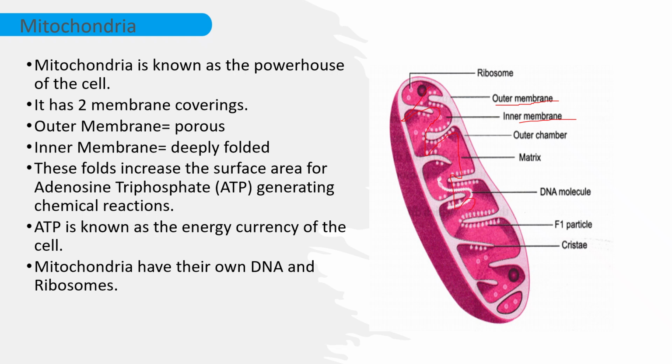These folds increase the surface area for adenosine triphosphate (ATP), which is the energy currency of the cell. It generates chemical reactions. So ATP is known as the energy currency of the cell. Now we have one important statement over here, that mitochondria have their own DNA and ribosomes.